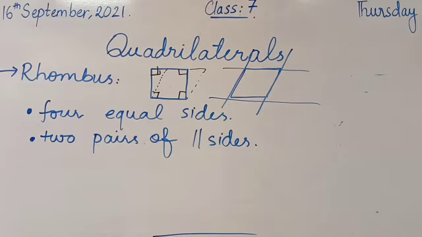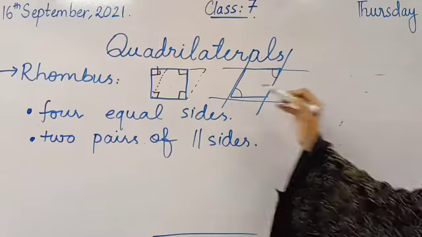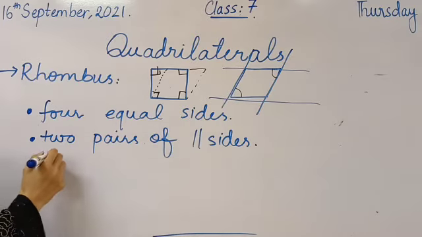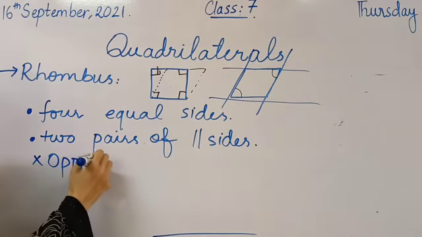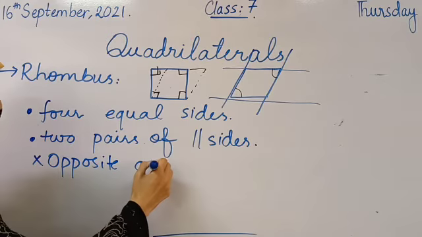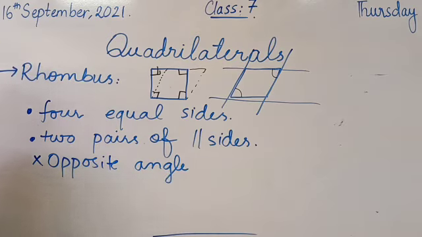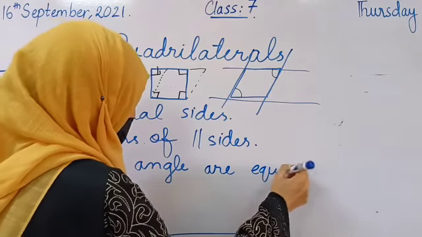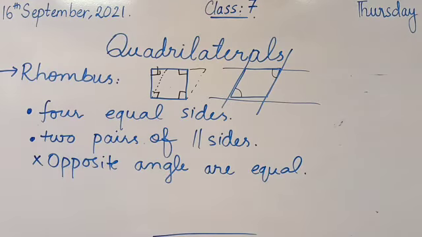No. In a rhombus, opposite angles are equal, just like a parallelogram. This is the difference between a square and a rhombus: opposite angles are equal in a rhombus, and in a square all angles are of 90 degrees.